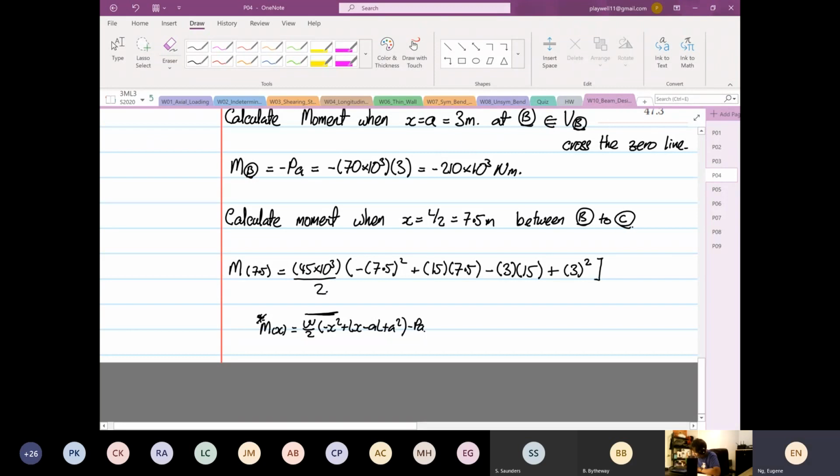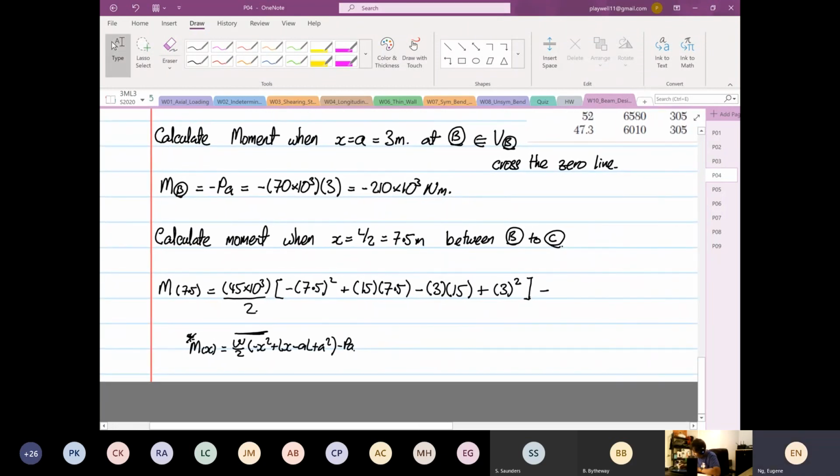Right, then close bracket again. Then minus P. So P is what? 70 times 10 to the power 3, multiplied by A, which is equal to 3. Okay, so that is the entire expression.